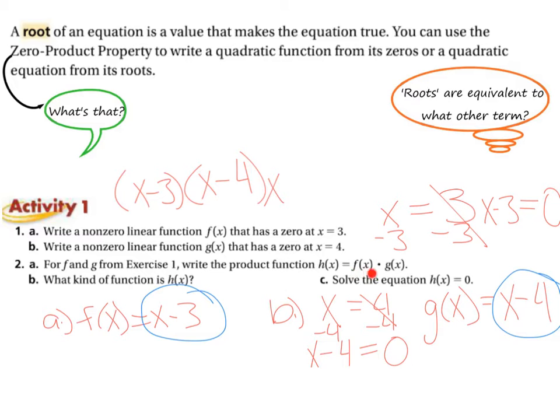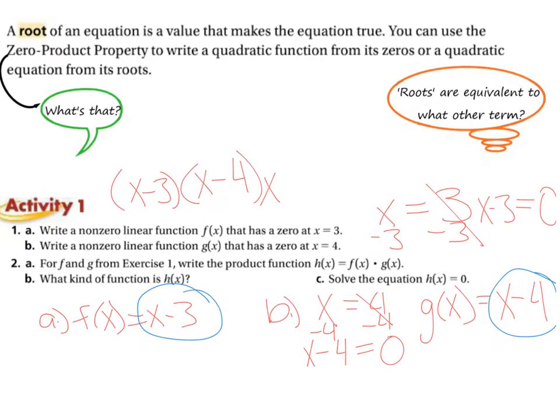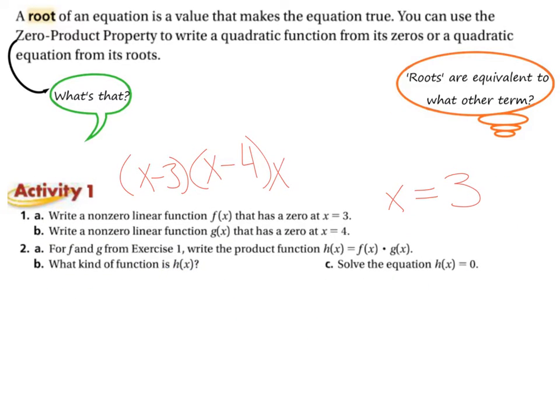It wants us to take f of x times g of x, so x minus 3 times x minus 4. I am going to erase this so that we have room. So our two functions were x minus 3 and x minus 4.